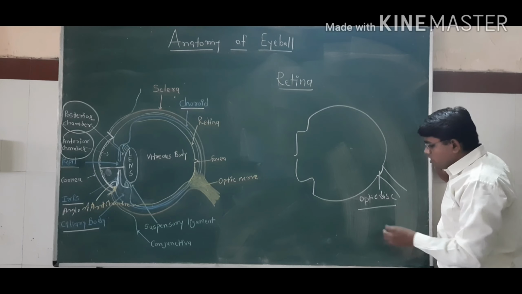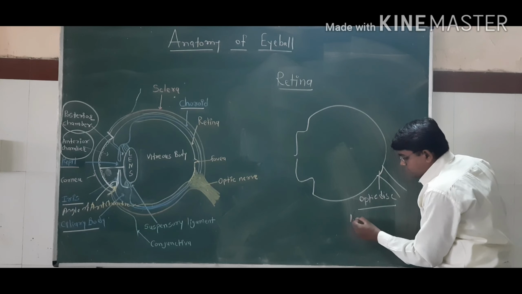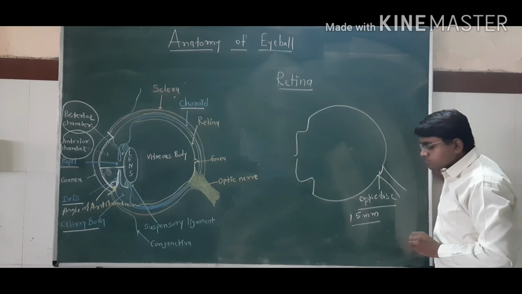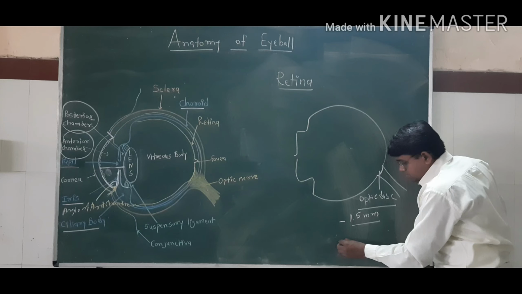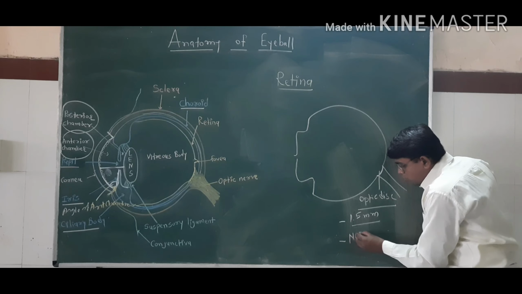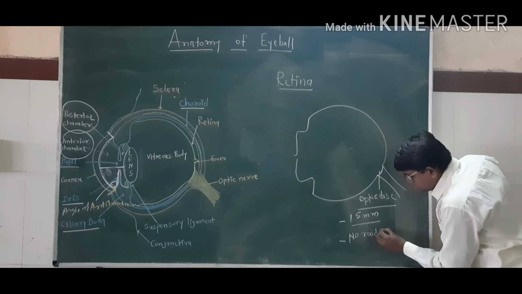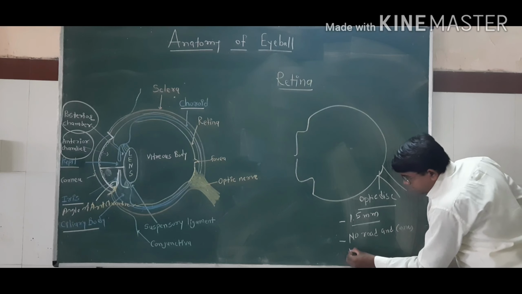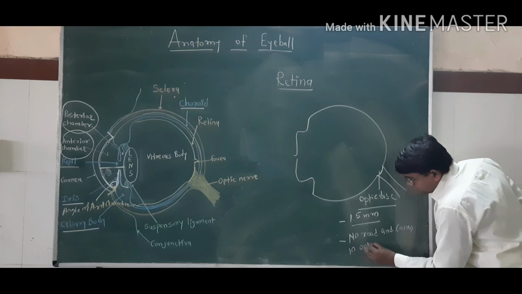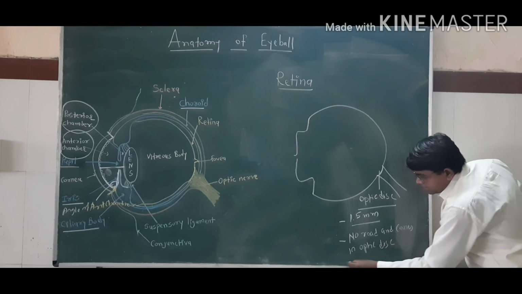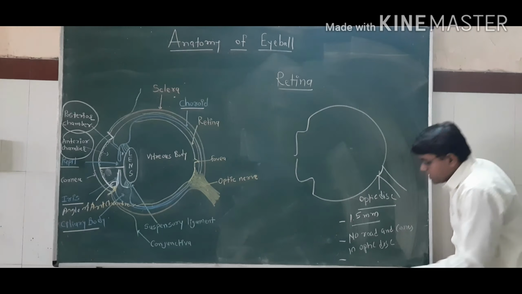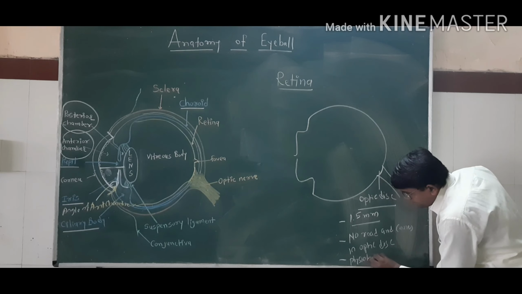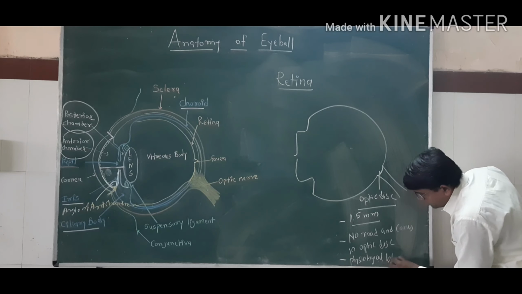The diameter of the optic disc is 1.5 millimeter. There are no rods and cones in the optic disc. That's why it is also known as a physiological blind spot.